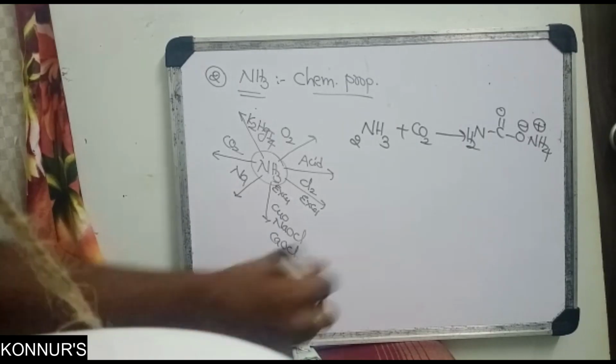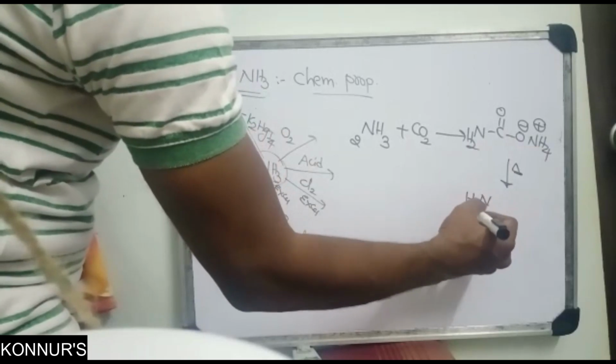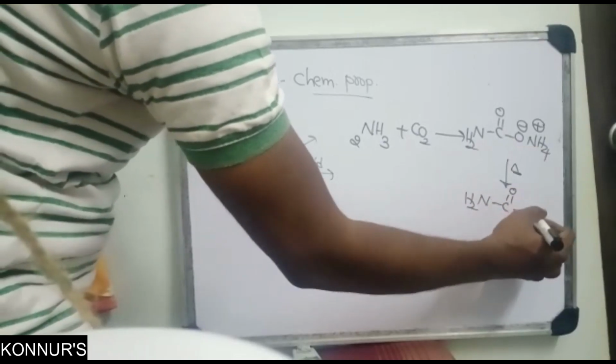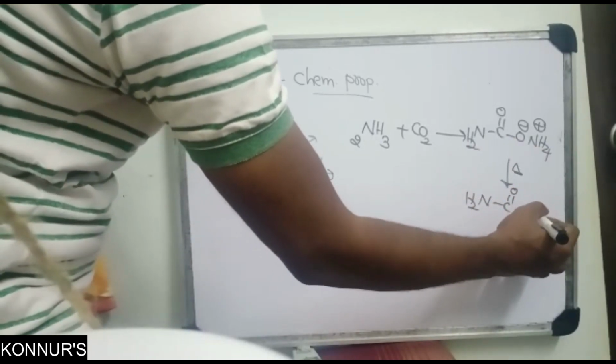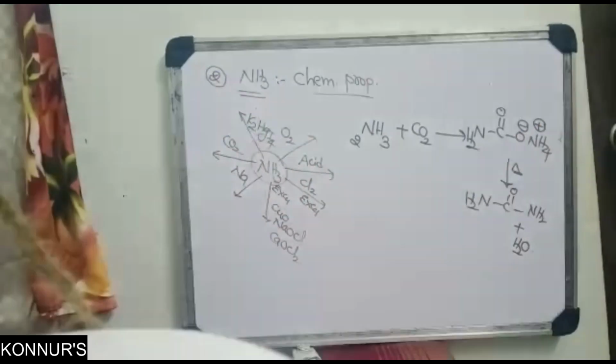So that salt you are getting, and on further heating you are getting urea, plus water is eliminated. So when ammonia is treated with carbon dioxide, at last you are getting urea.